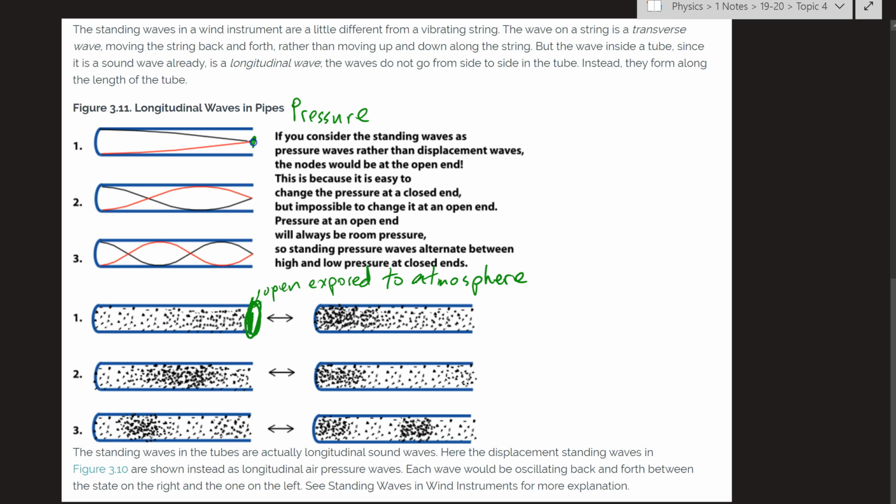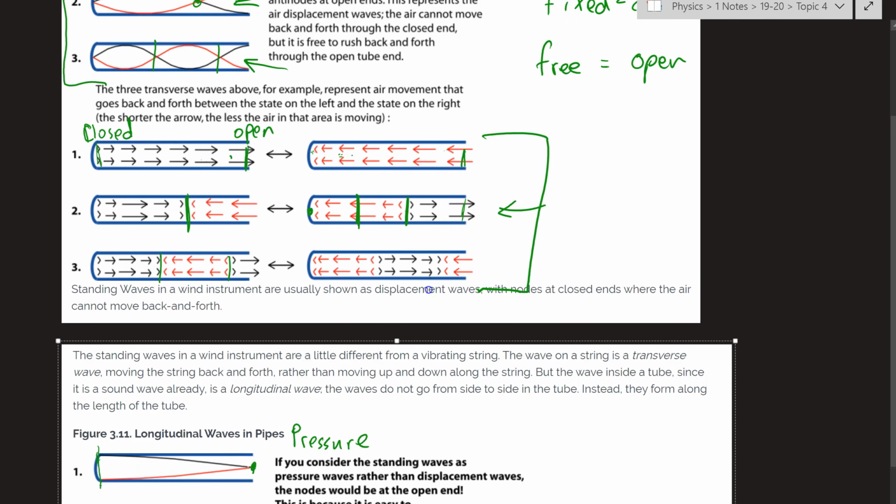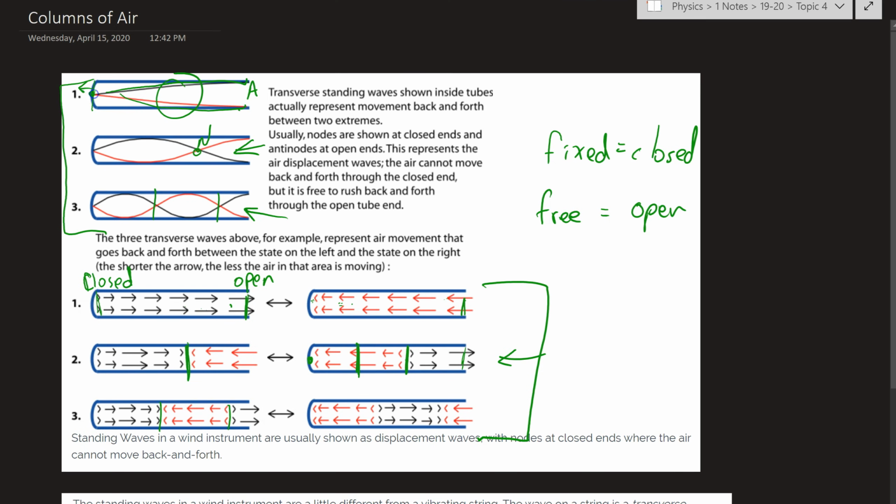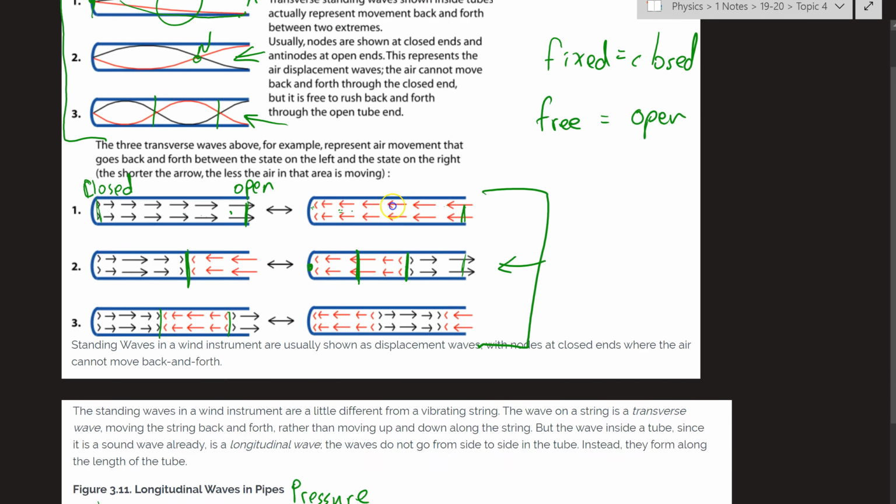The pressure's not changing. And the further you get in the pipe, it's easier to change the pressure because you're farther away from the atmosphere. So the pressure at the closed end is what fluctuates between two extremes, a high and a low pressure. So it's not that bad. You just flip all the patterns from up here. Here the displacement node was at the closed end and the displacement antinode was at the open end.